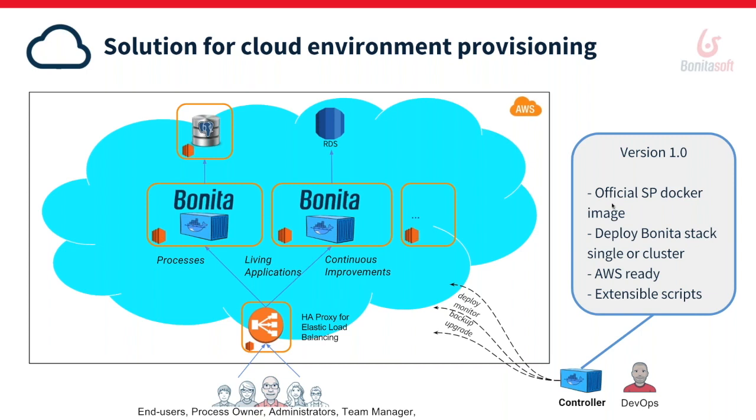So basically, what we have is a Docker container that we call the controller, so the Bonita Continuous Delivery controller, or the BCD controller. And that controller will provide commands to create new infrastructure on the cloud or on premises. So you will be able to configure or to define your infrastructure.